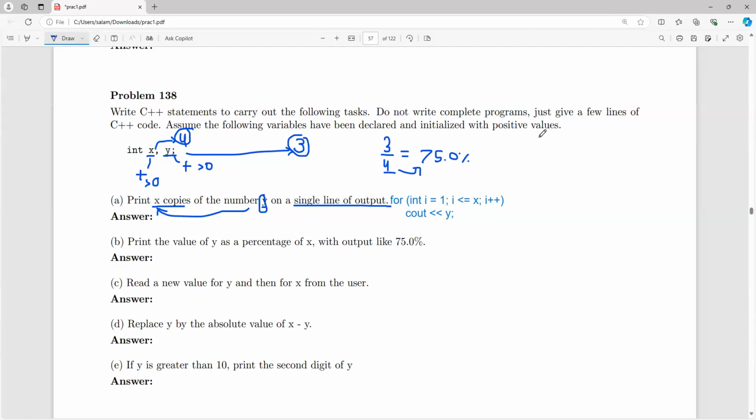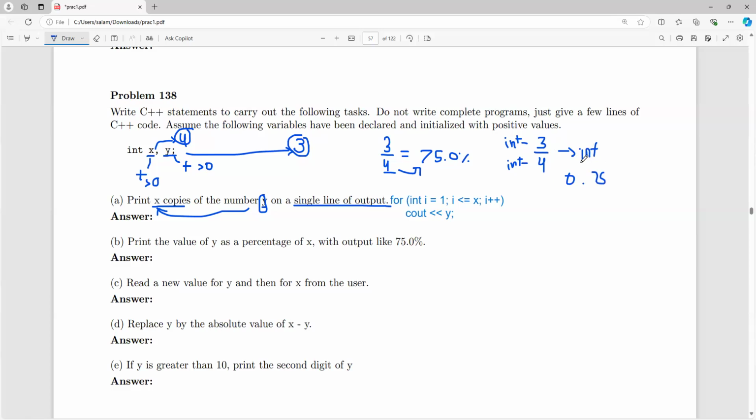So how do we get from here to here? Let's work it out step by step. This is an integer, an int. This is also an int, right? And remember, integer division will always give us an int. But that doesn't help us here, because 3 divided by 4 is 0.75.